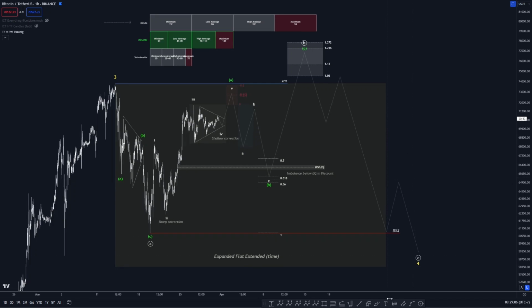So that means we want the minor wave 4 correction to be either equal in time, almost equal in time, or just a little bit over equal in time. We want it to be somewhere around the same time of completion for the prior minor correction. So timing wise, it falls in line with what we're expecting.